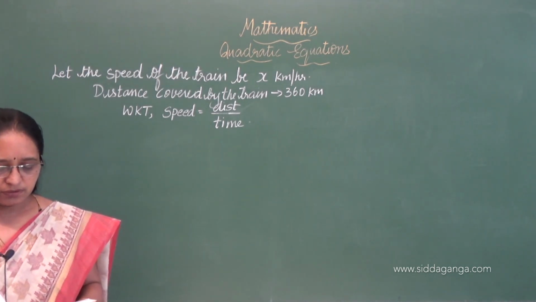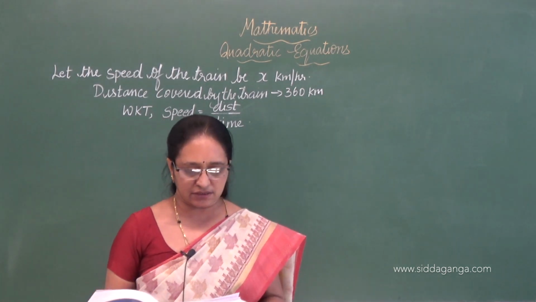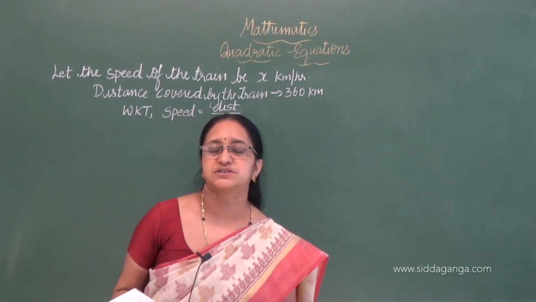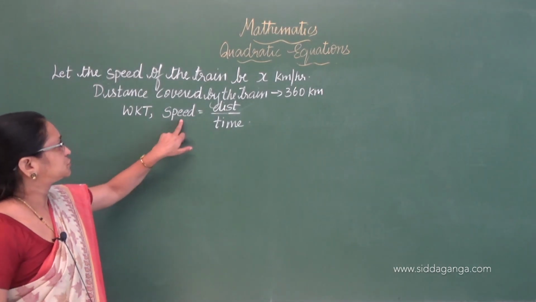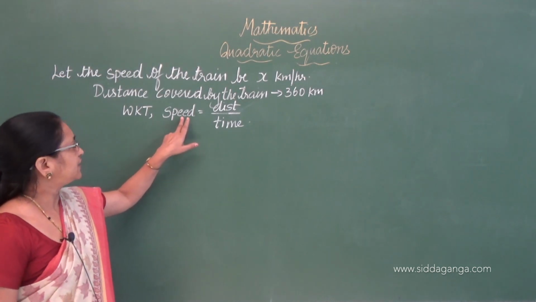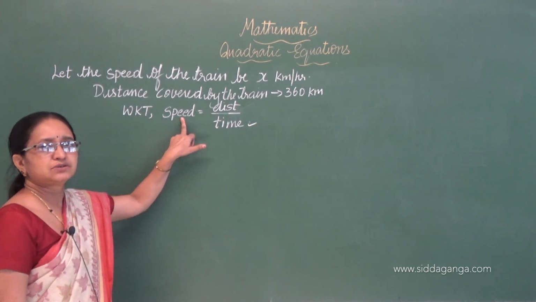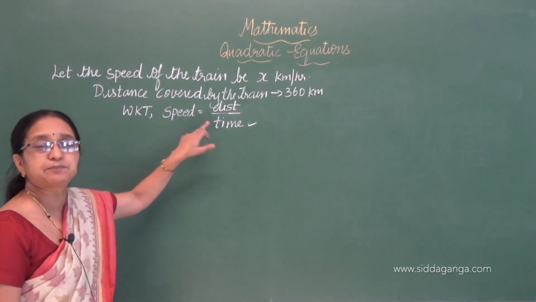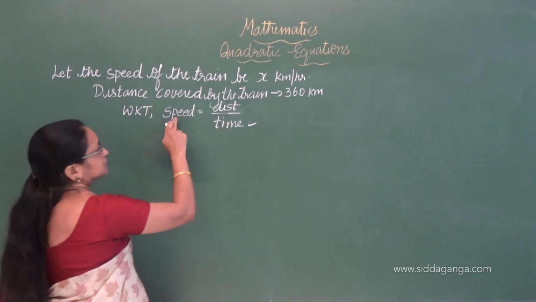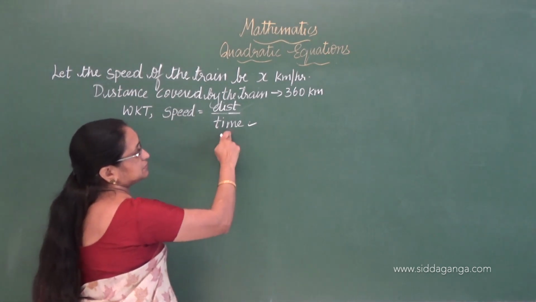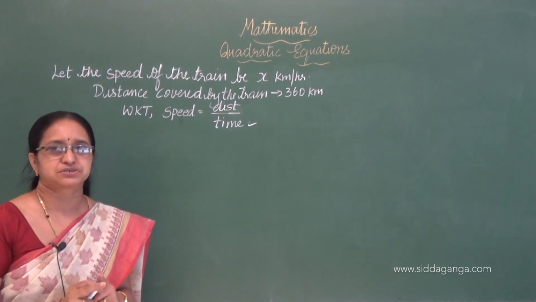Now, if the speed had been 5 kilometer more, it would have taken 1 hour less for the same journey. You should be very careful here. Whenever the speed is more, the time will be less, because these two are inversely proportional to each other. If the speed is less, the time will be more. You should keep that in mind before writing the quadratic equation.